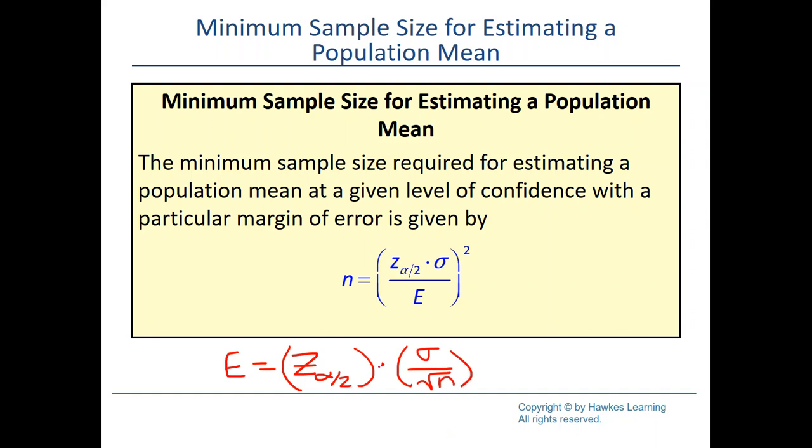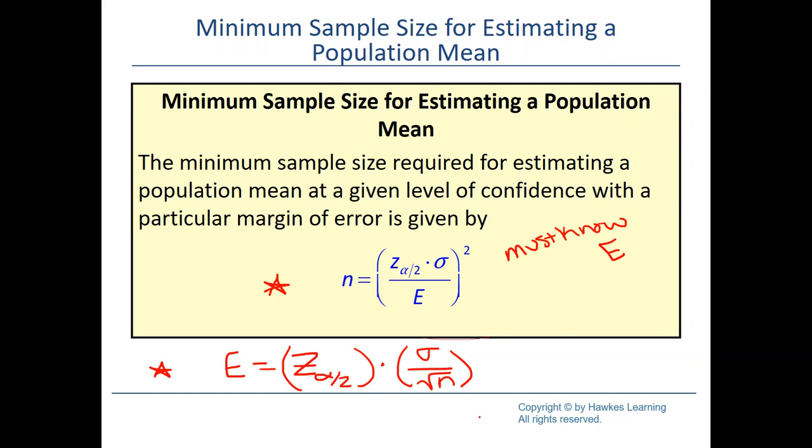If you take this and solve for n, you get the formula up here. Make note of these two and understand the difference between them. E calculates your margin of error. The one solved for n gives me the minimum sample size I need to get a certain margin of error. To use this one, you must know what E is.